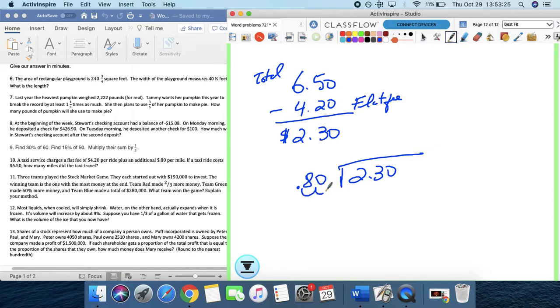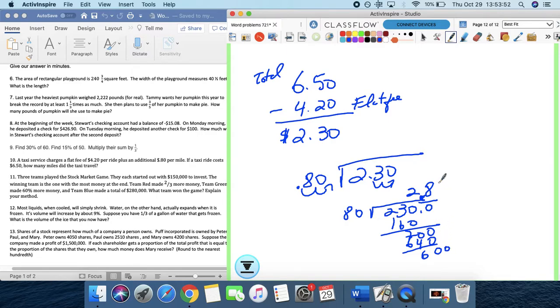Well, move this over twice. Move this over twice. It becomes 800 and 230. Becomes 160, 70, bring a 0 down, 80 goes into 700, I don't know, 7 times, 8 times, 64, 640, you're going to have a 60 left over, right, 8 goes in 7 times, which is 56, 40 left over, bring another 0 down, that gives us 2.875 miles.